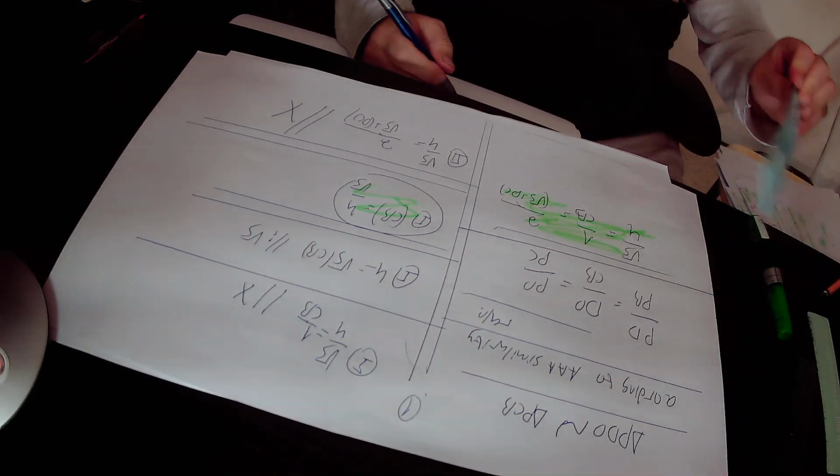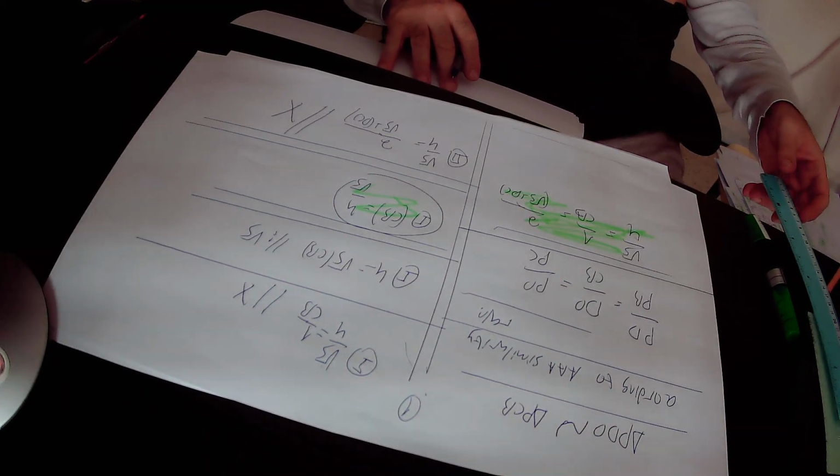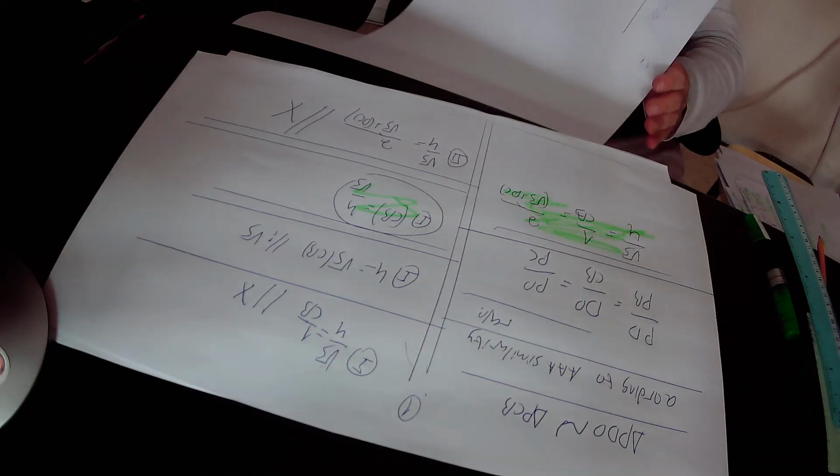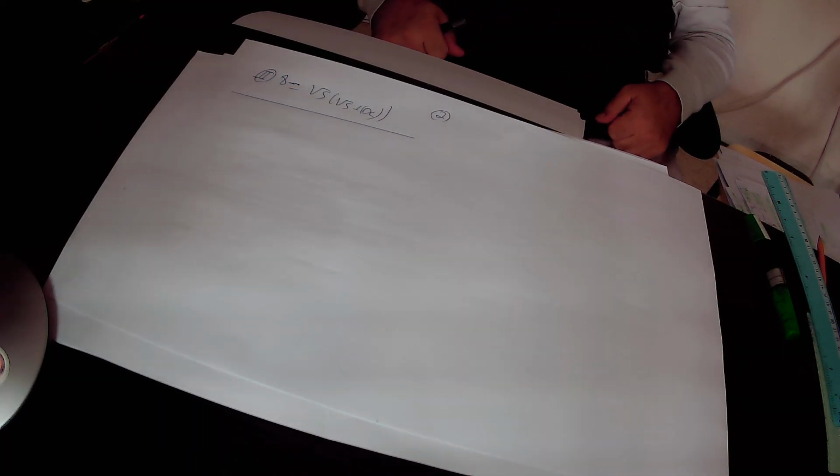Okay, so in total according to equation 2, we found out that 8 equals the square root of 5 times square root of 5 plus DC.